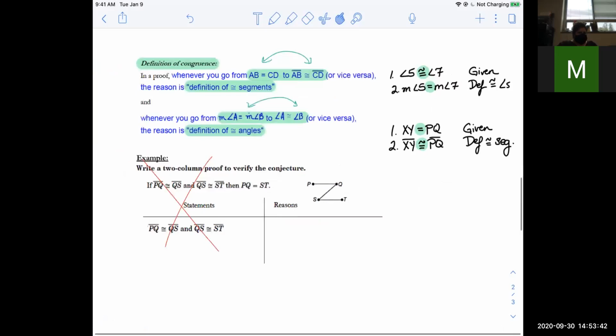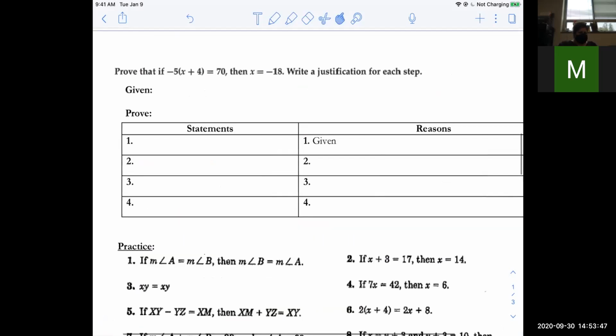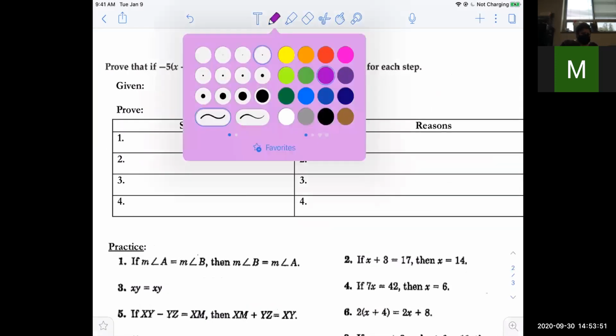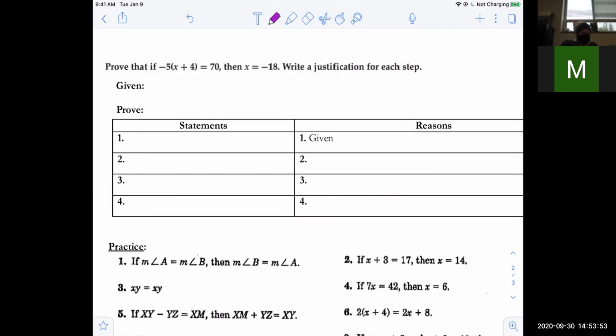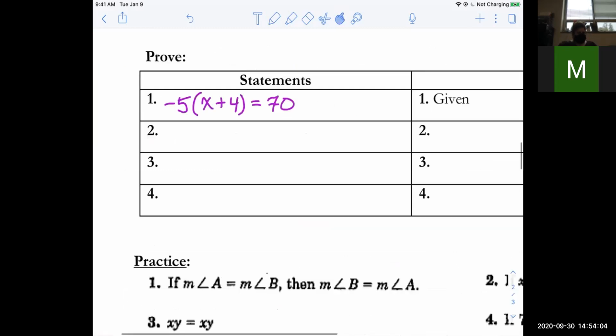Okay, let's talk through solving an equation here. So step number 1, our given was -5 times the quantity x plus 4 equals 70. Do you know what the last step is going to be?